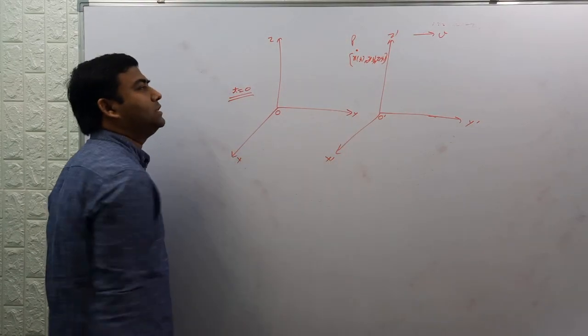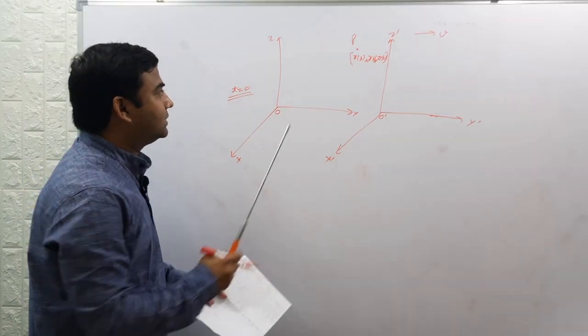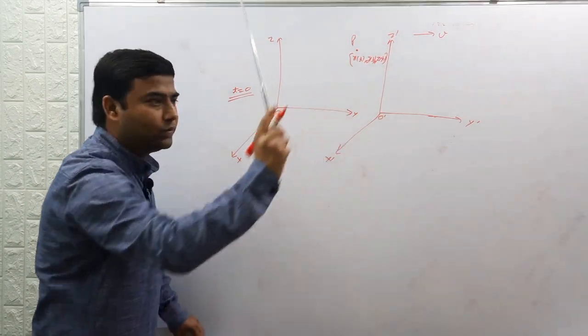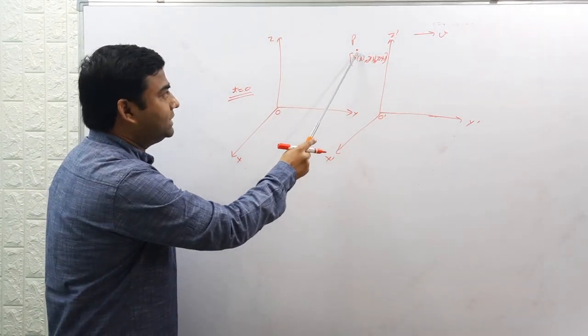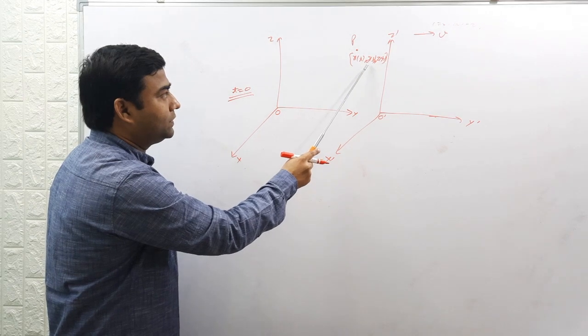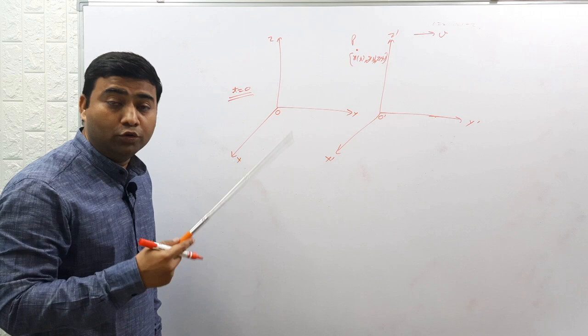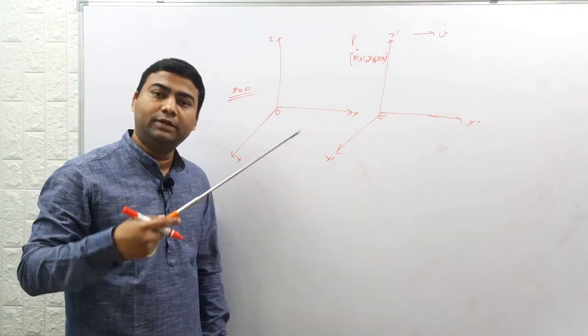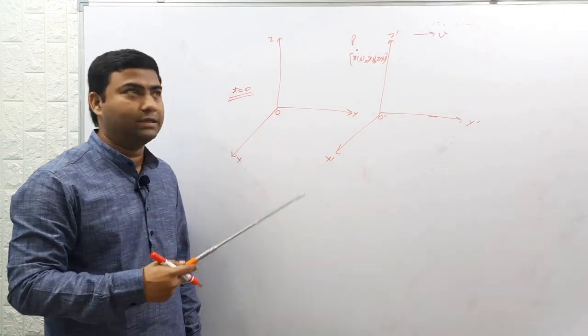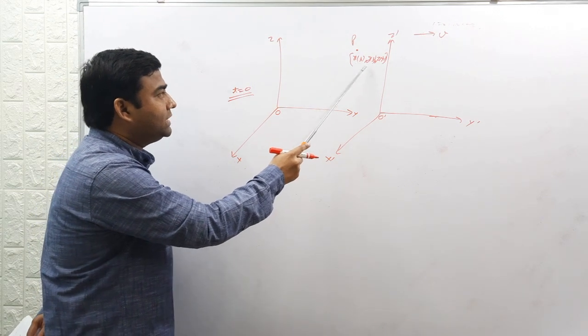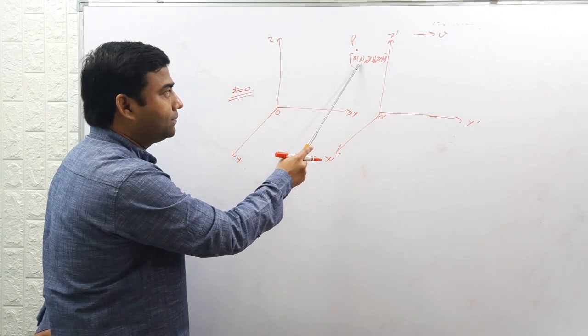These are the coordinates of this point. This point is also moving and its coordinates are functions of time. As we have discussed in an earlier discussion, coordinates of a moving point will be functions of time, x(t), y(t), z(t). So these coordinates are functions of time.